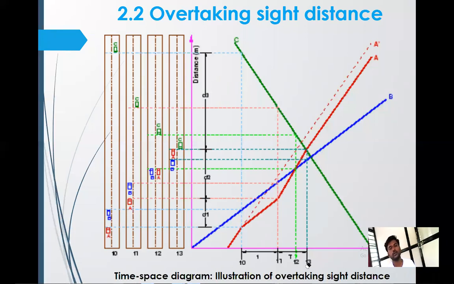The red color indicates vehicle A. Blue color indicates vehicle B. And green color indicates vehicle C. Okay. Please draw this diagram, everyone.